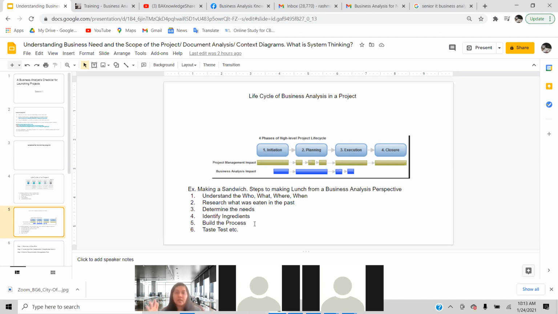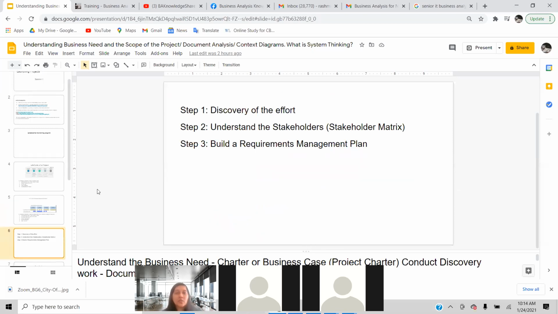So you're kind of the architect, and you taste test before you give it to the guests, meaning you kind of validate and make sure that the sandwiches are done right, they taste right, and then you work with, I don't know, there could be other taste testers, and you help make sure that it meets the needs of your guests, in this case, stakeholders. I will pause here, and I just want to see if anyone has any questions.